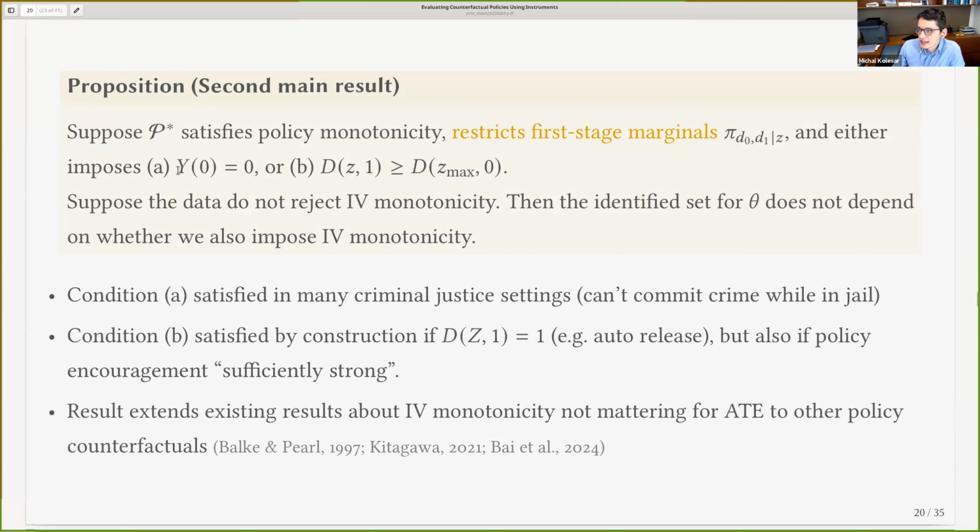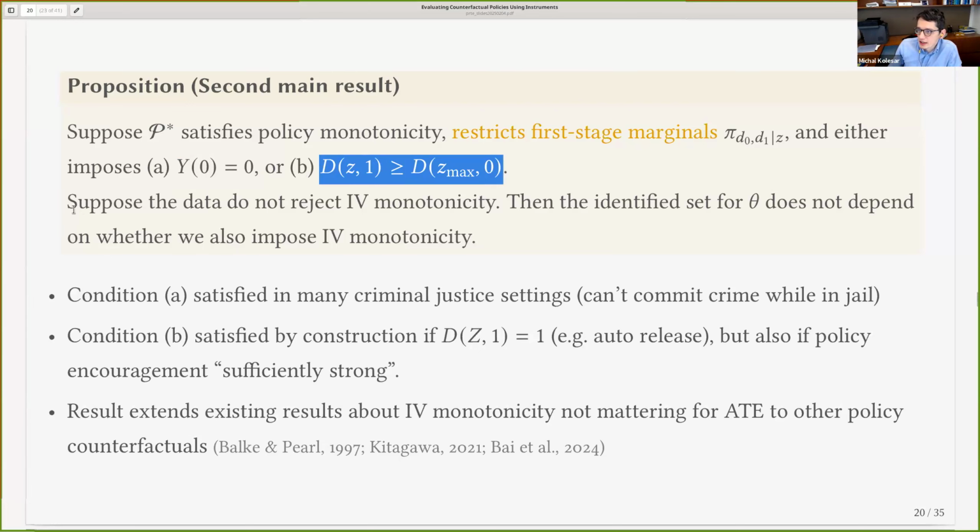And I impose that either I know the outcome if I'm not released, or my policy is sufficiently strong so that under the counterfactual, everybody who's currently released by the most lenient judge would also be released, no matter what other judge they're assigned to. So releasing everybody is a special case of this, but this is a little bit weaker than that, and incorporates policies such as eliminating some of the judge discretion.